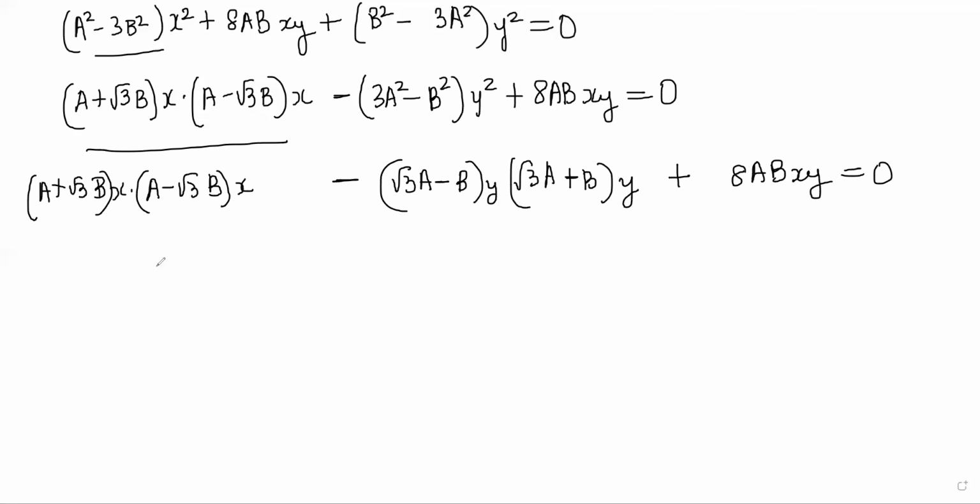Correct. Yeah. Now what happens when we multiply this and this? We get 3 root 3a square. Like, how do we account for this 8ab xy term?